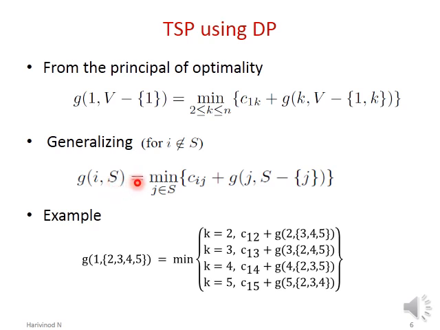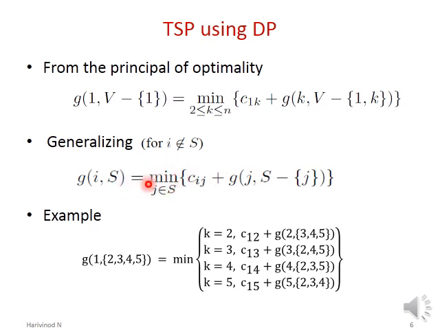It is equal to a minimum of some C i j, from I go to some vertex j in S, then start from that particular j, visit all the other vertices and come back to 1. So for different values of j we need to compute this minimal value. Then we have different choices, and among that we need to take the minimum one.